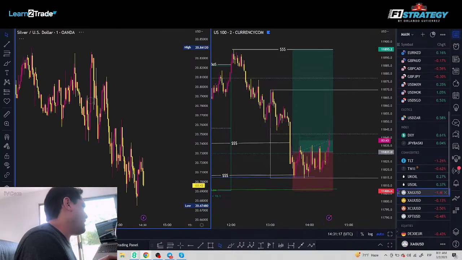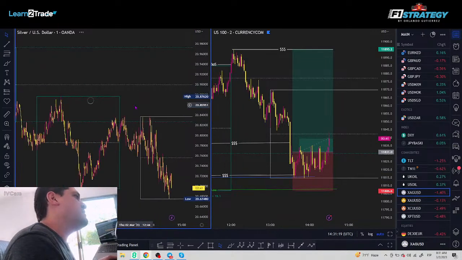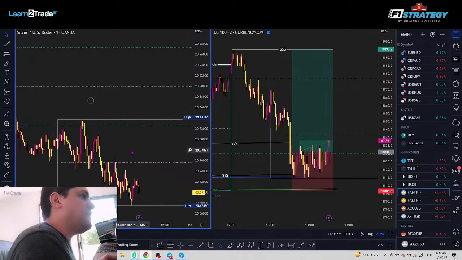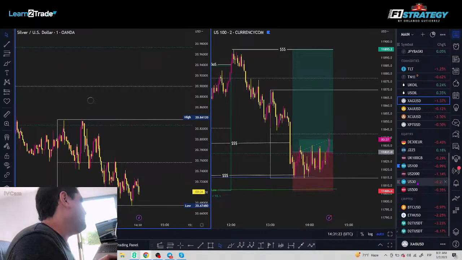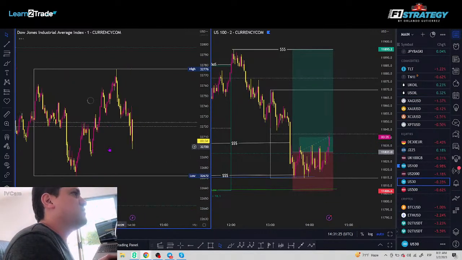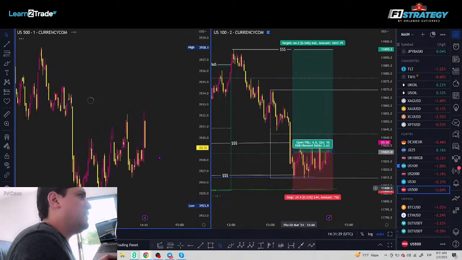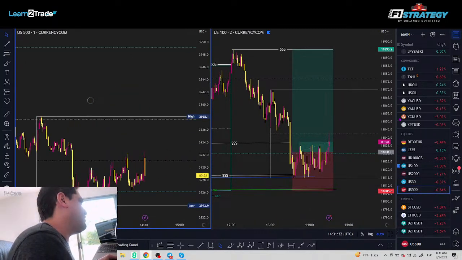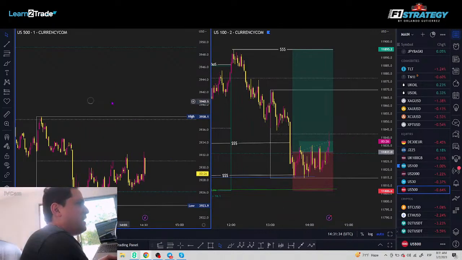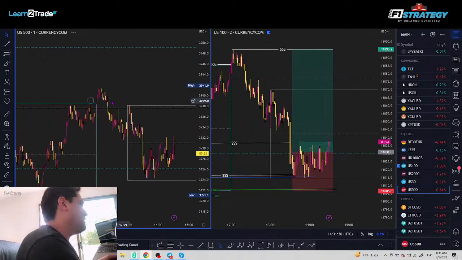Let's have a look at silver. You know, very sketchy price action in metals. The Dow Jones moving lower, the S&P moving lower, the Nasdaq, in fact, moving higher. This is a good thing.